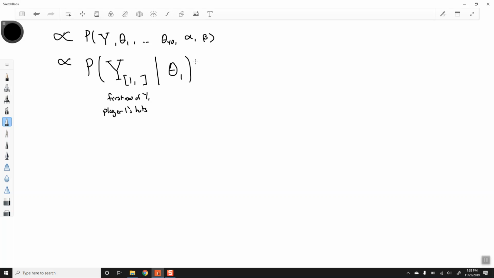And we would continue this, and we would say this is multiplied by the second row of the data, which is conditional on theta 2.